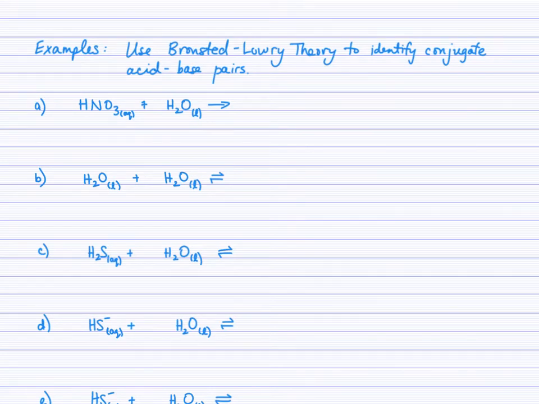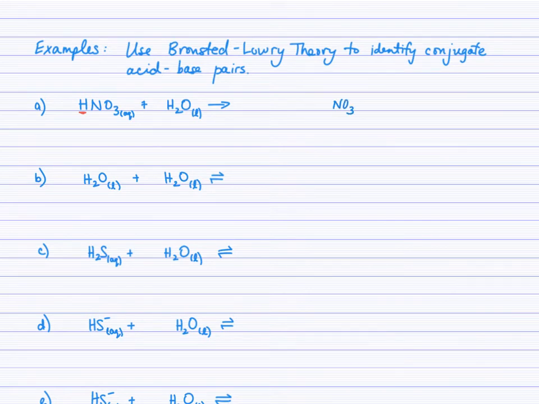You'll notice that in the first example I've used a single arrow forward. That's because nitric acid is a strong acid. In the rest of them, I've used an equilibrium arrow, which we'll discuss later. Okay, so the HNO3 definitely has an acidic hydrogen up front, and so it's going to lose that H.